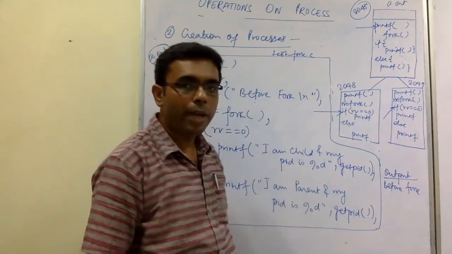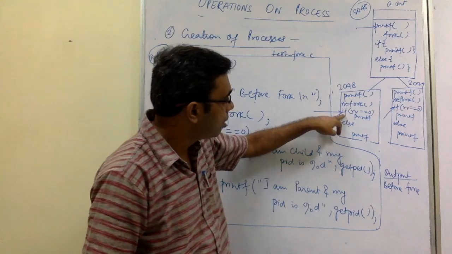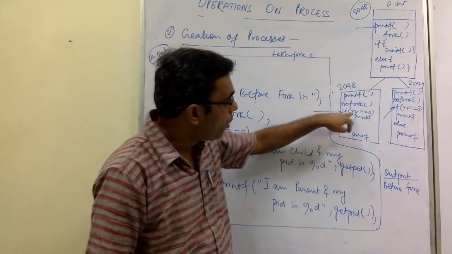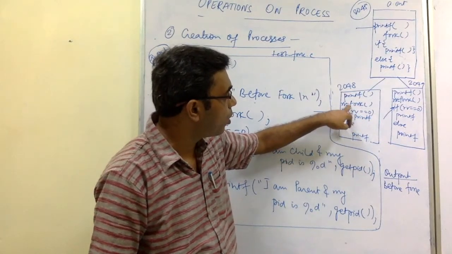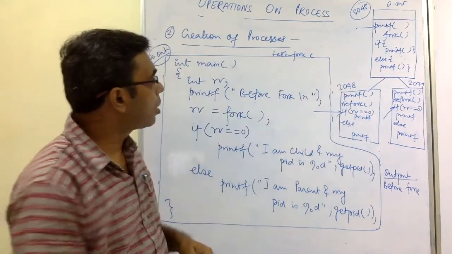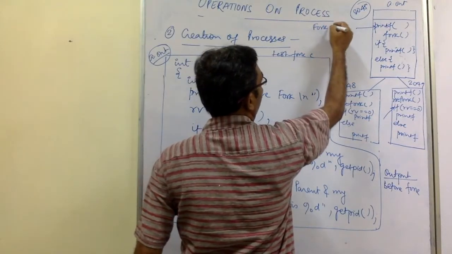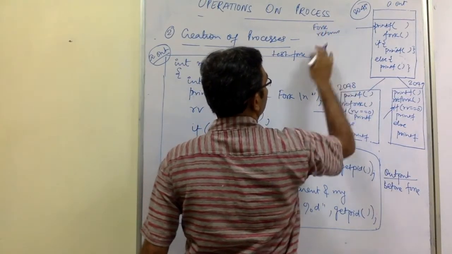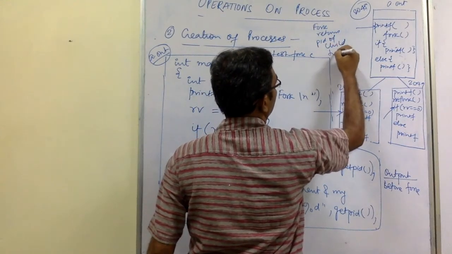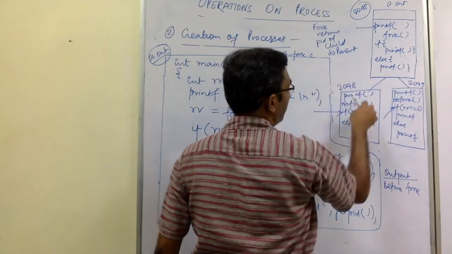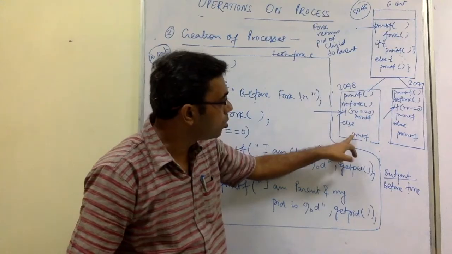So let us say the parent executes this instruction: we are checking an if condition, the return value of the fork. We just saw that fork returns the PID of the child to the parent. So definitely it's not equal to 0, which means it falls into the else block.